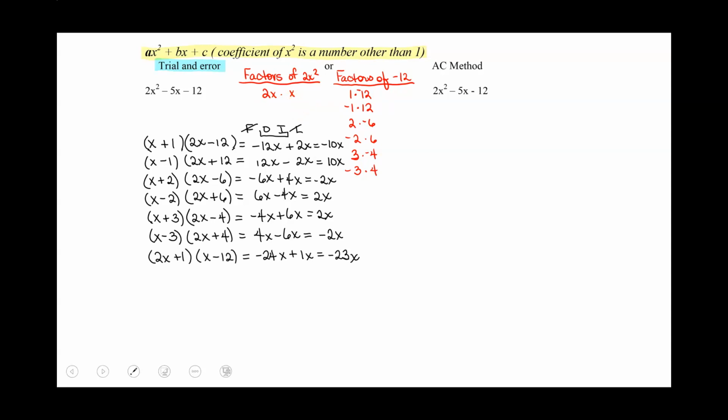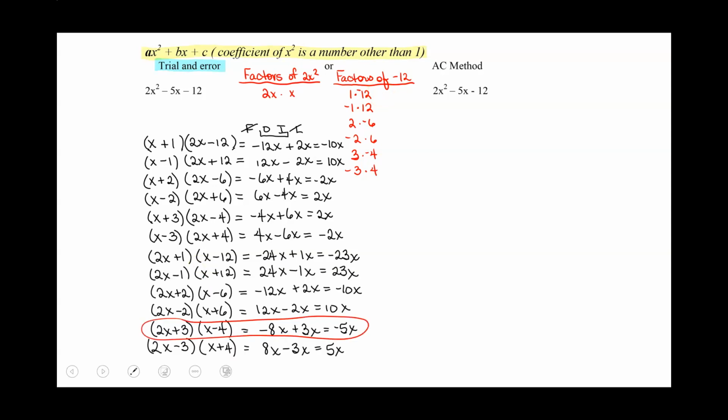Now I'm going to go back and I'm going to try every one of them by doing 2x times x. So again, I'm starting over with this list up here. 1 times negative 12, negative 1 times positive 12, 2 and negative 6, negative 2 and 6, and finally, of course, it's one of the last ones that I try, right? Finally, I find the one that gives me negative 5x.